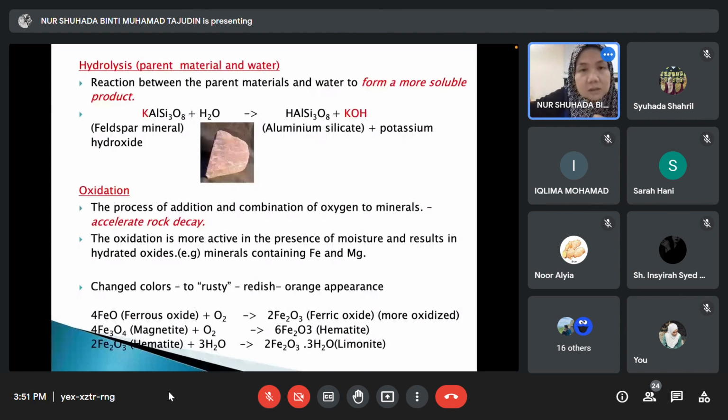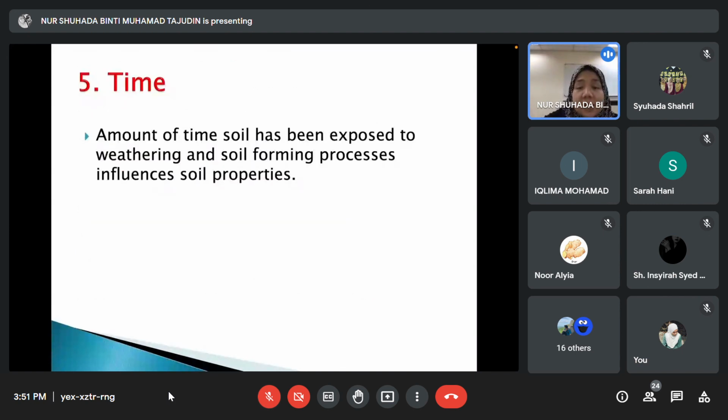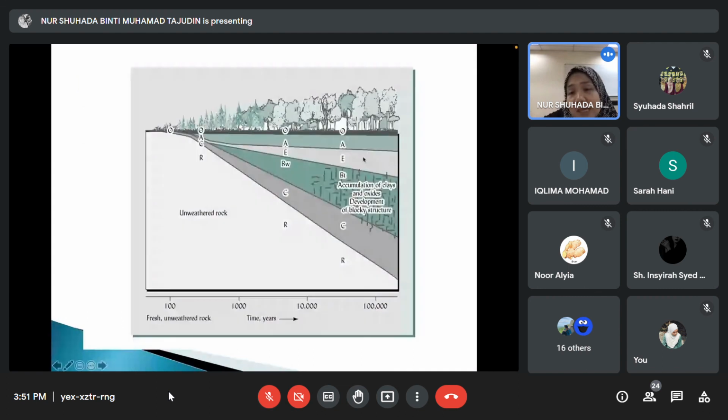The last one is time. The amount of time soil has been exposed to weathering and soil forming processes. So the longer the time, the more the soil forms, meaning that you can see the layers obviously.